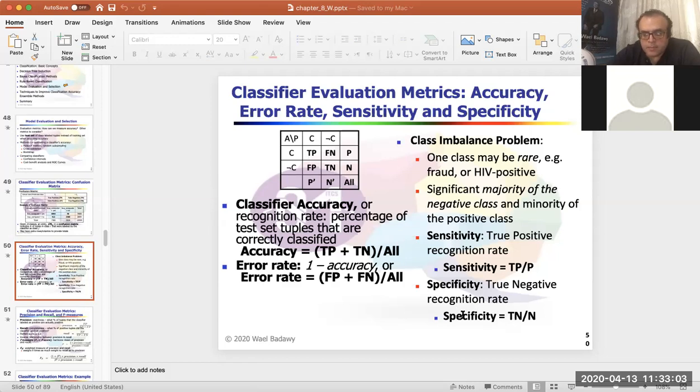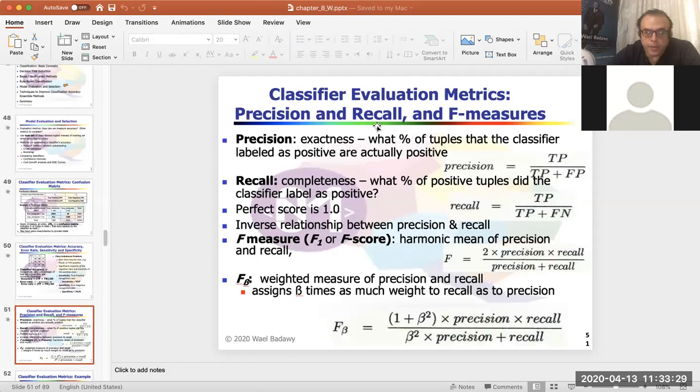Now there is specificity. Specificity is the true negative over negative, or basically 1 minus false positive over the total. So these are the 2 different measures you can use.